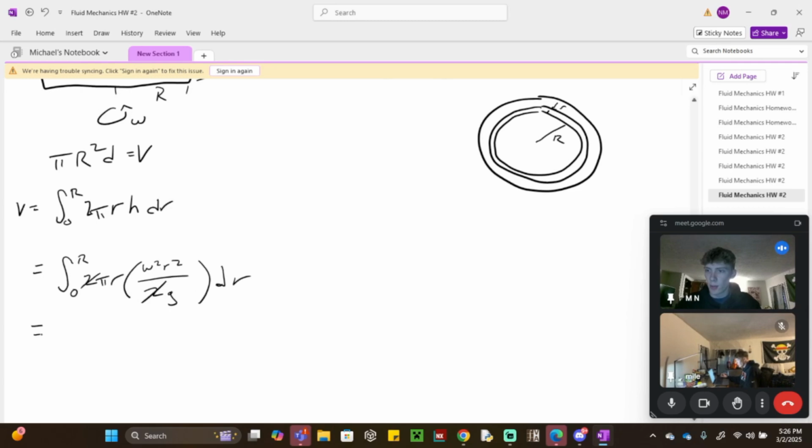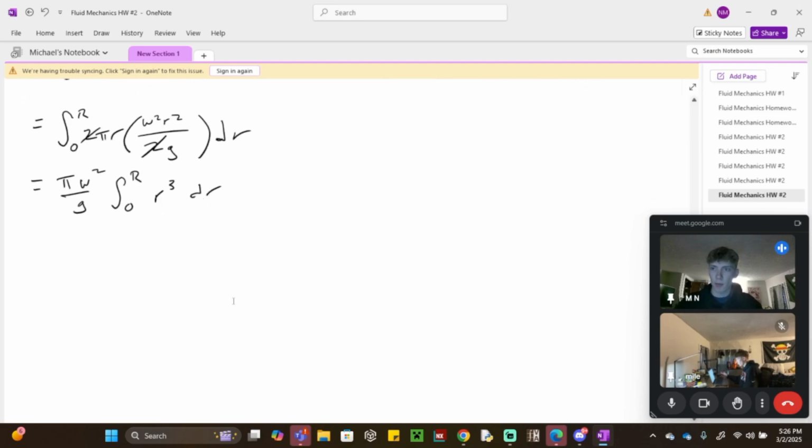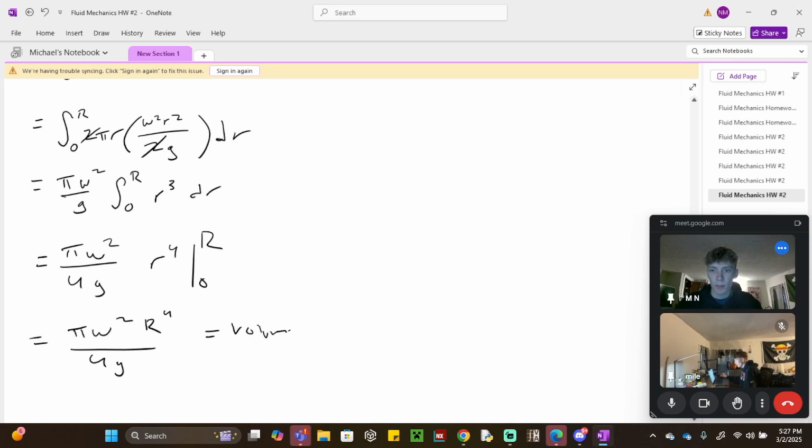The 2's cancel, and we get pi omega squared over g on the outside of our integral, and then from 0 to r of r cubed dr. And we know the integral of r cubed is just 1/4 r to the 4th, so we'll bring the 4 outside, so we get pi omega squared over 4g of r to the 4th from 0 to big R. So we'll get pi omega squared big R to the 4th over 4g equaling the volume of fluid before it started spinning.